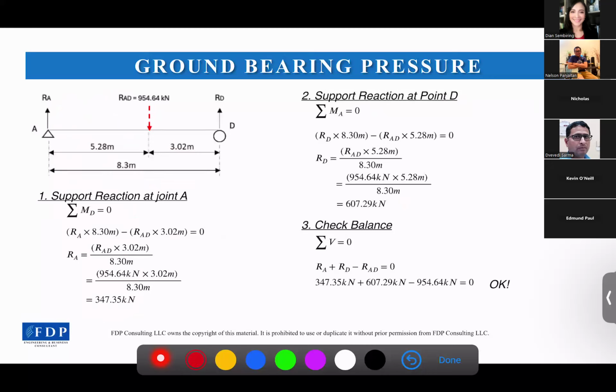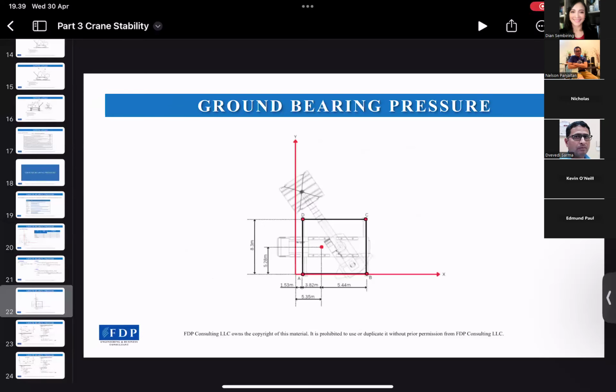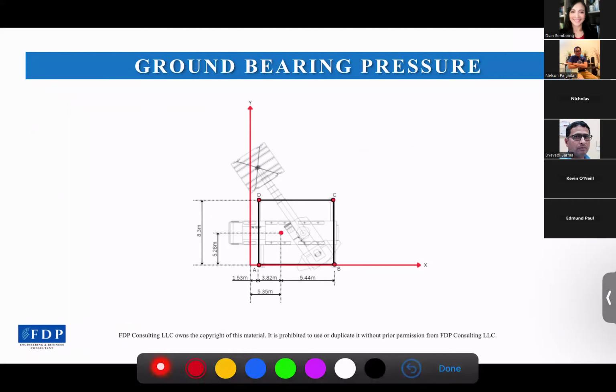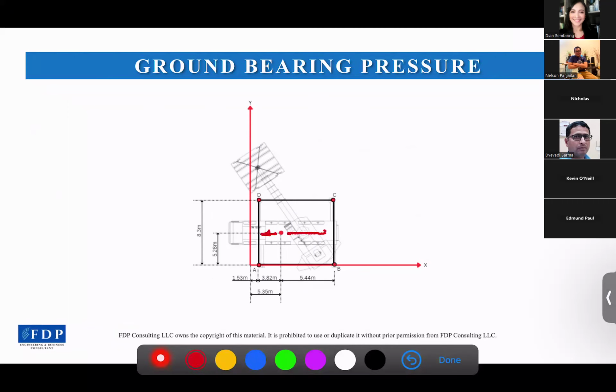For example, the combined reaction AD, we will distribute to A and D. So if we look back at this drawing, after we distribute from the COG, now we will distribute to A and D, and the reaction BC we will distribute to C and B.